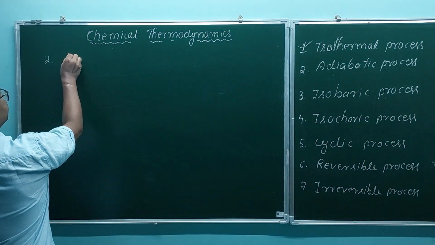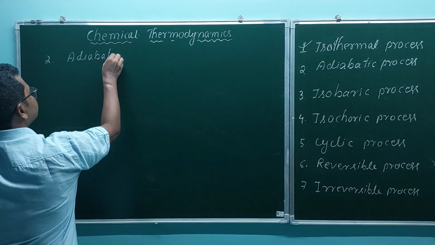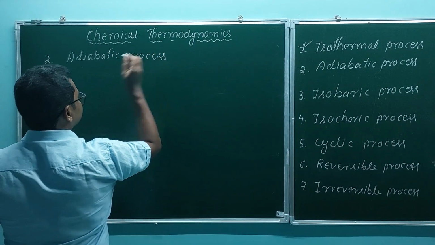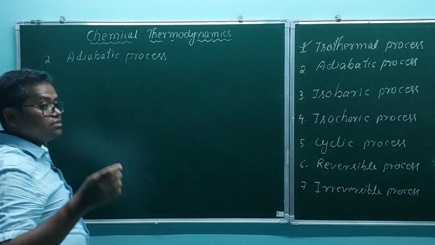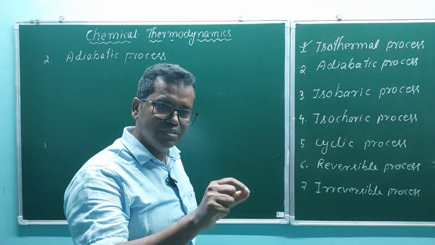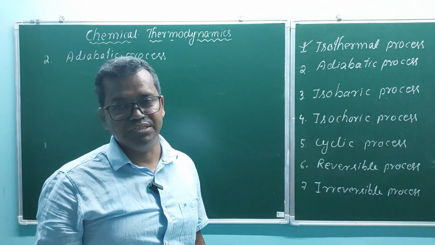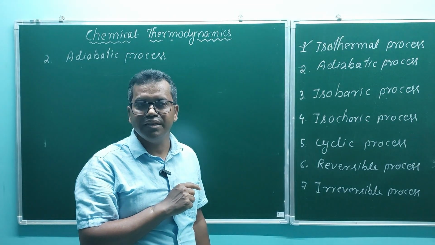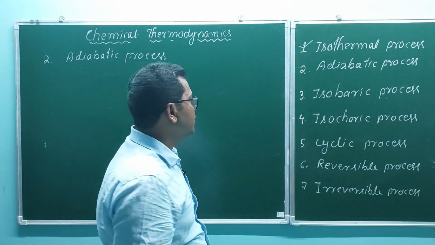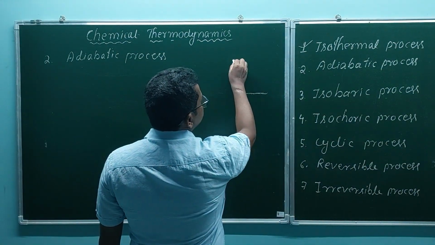Next is the adiabatic process. Adiabatic process means heat energy cannot enter into the system or go out from the system. As a result, what will happen? The temperature of the system may fall or may rise. For example, let us draw the same system.